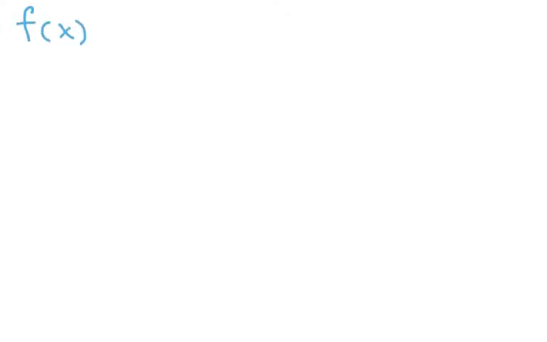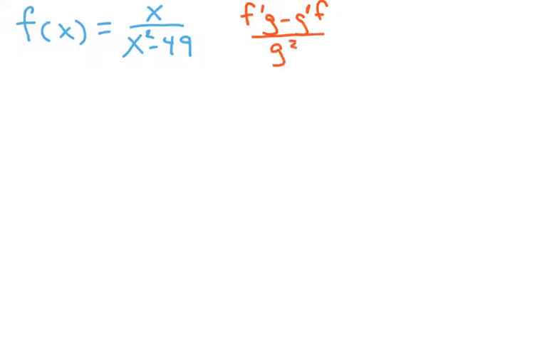I might as well just call this f of x, and remember we will be using the quotient rule, which I know you know by now. Okay, so let's see what this derivative looks like.